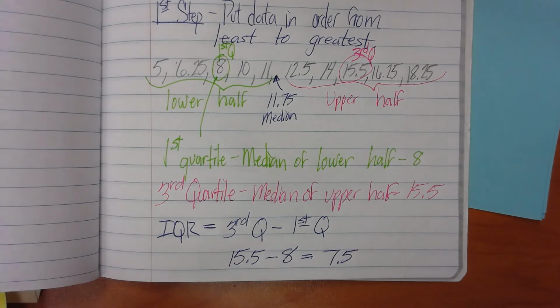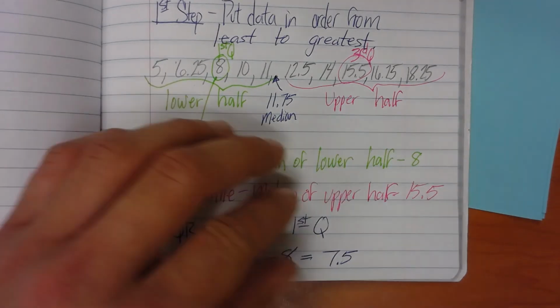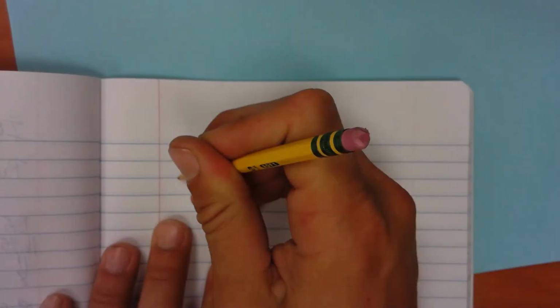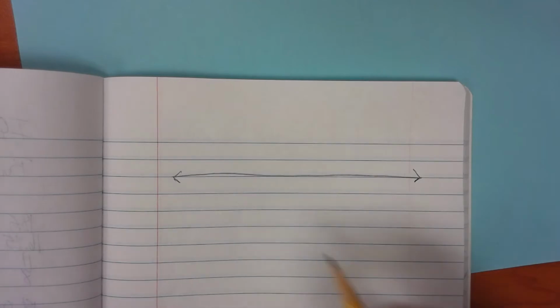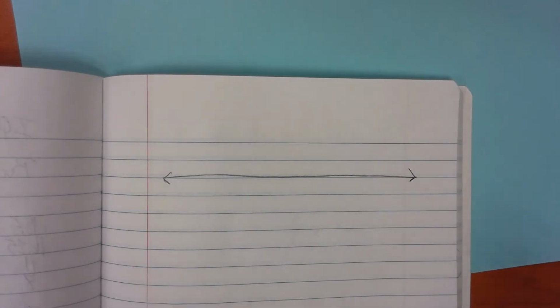So we will use the median, the largest and the smallest point to make our box and whisker plot. We also need to make a number line. So to make a box and whisker plot, you first make your number line, and that needs to include all of our data points, and I would say 2 more greater than your largest number and 2 less than your smaller number.